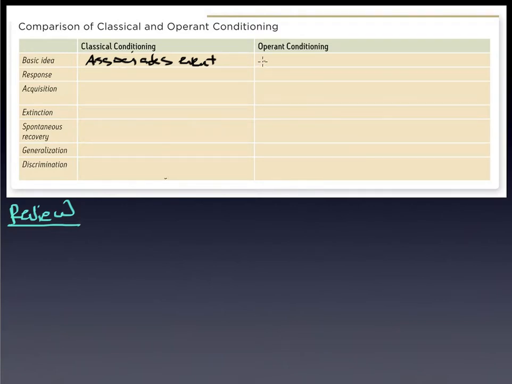In operant conditioning, it associates behavior with consequences. Okay? So those are the basic differences between the two. The organism is studying the sequence of these events, it associates them and begins to predict them, essentially. In operant conditioning, it associates behavior with certain consequences or resulting events.